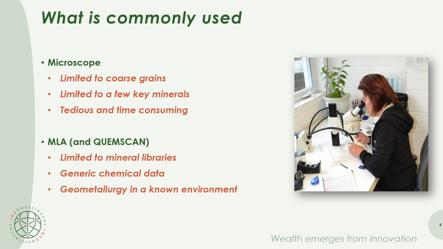Sometimes it can be project limited, or if you're lucky, you have a really wide library, so you can have some oddities in it, but it's not the best. It provides generic chemical data, so if it identifies, say, a hornblende, it will give you that end member of the hornblende family. You won't be able to see little variations in chemistry that could be useful to you.